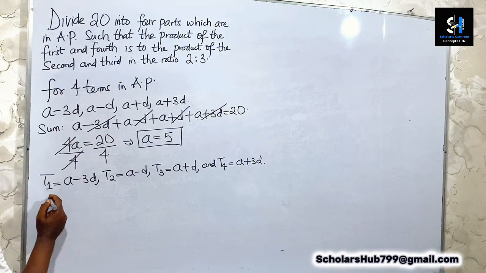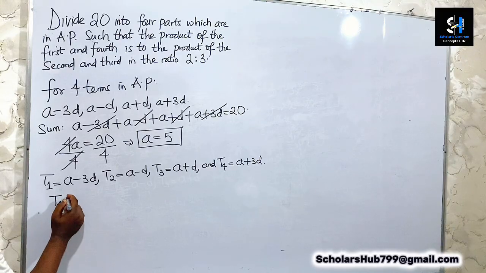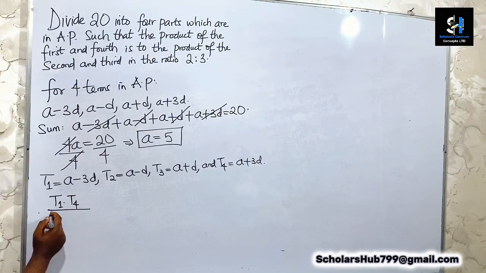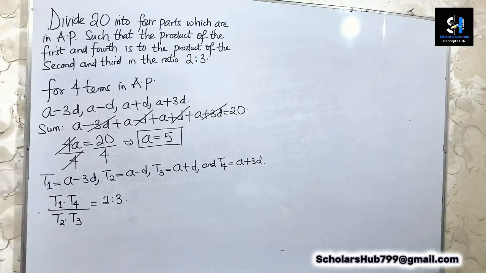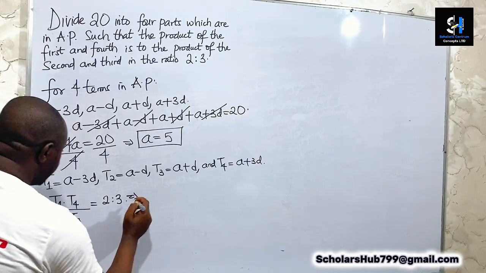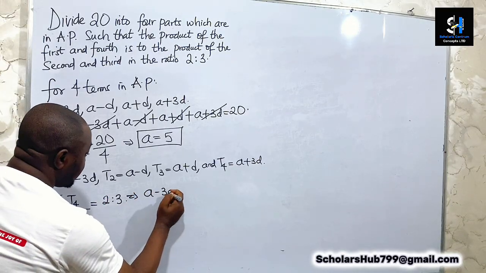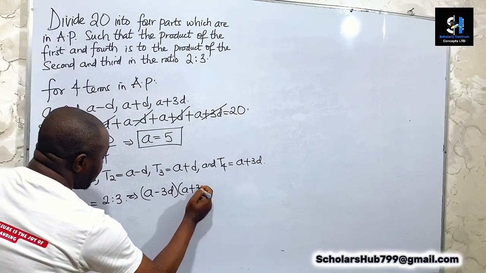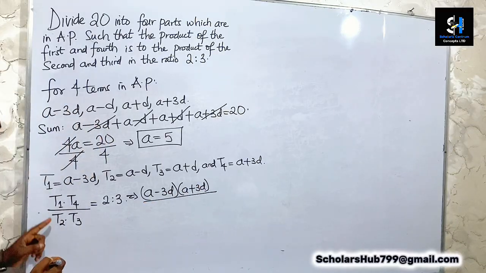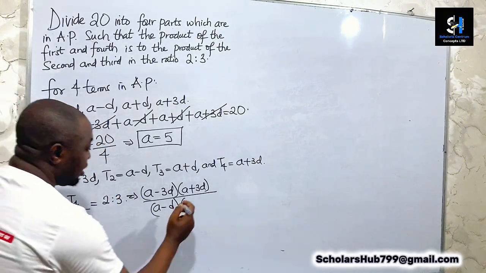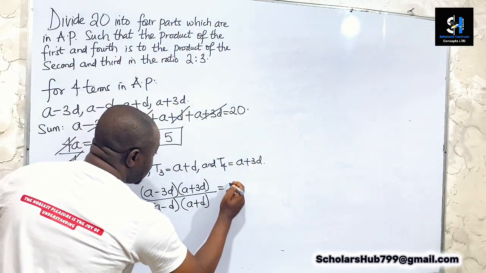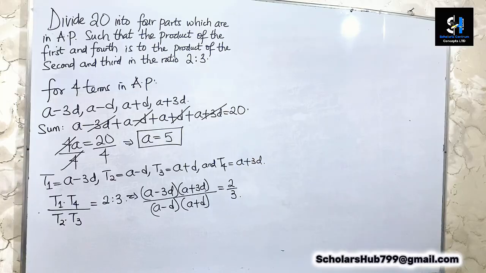So the product of the first term and fourth term divided by the product of the second term and the third term equals 2:3. So this will be a minus 3d multiplied by a plus 3d, divided by a minus d multiplied by a plus d, and this equals the ratio 2/3.